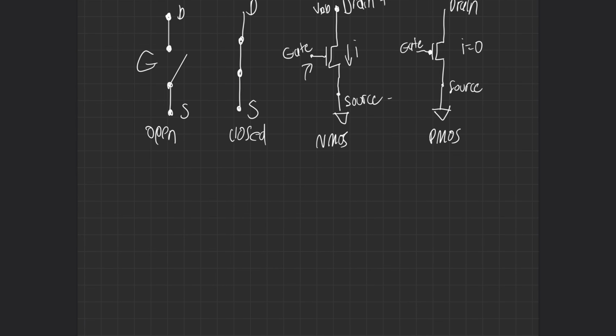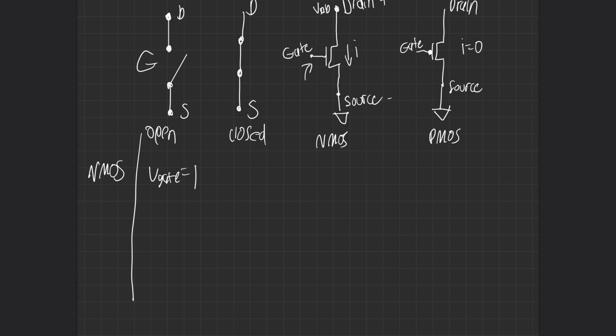So I'll denote it here actually to say that this is an open circuit. So for an NMOS, this open circuit has to do with when the voltage on the gate is 1.